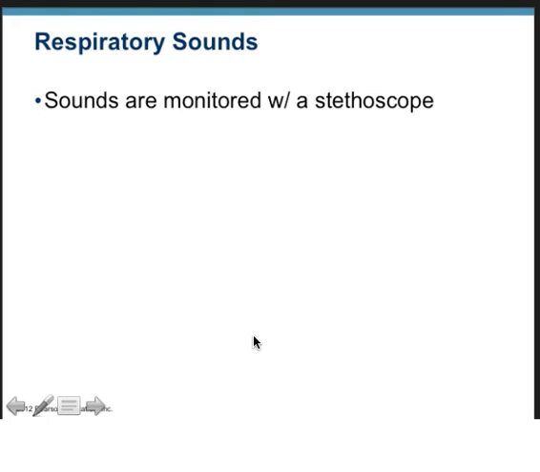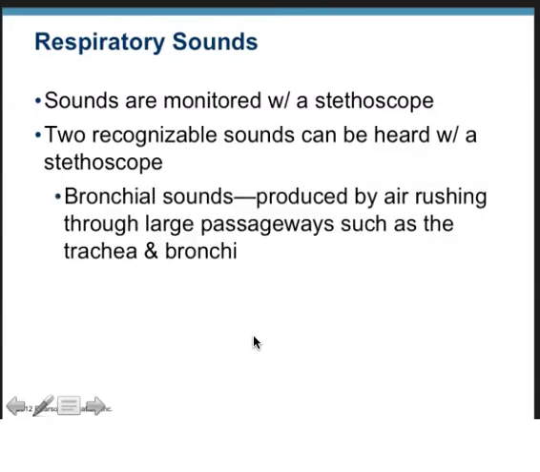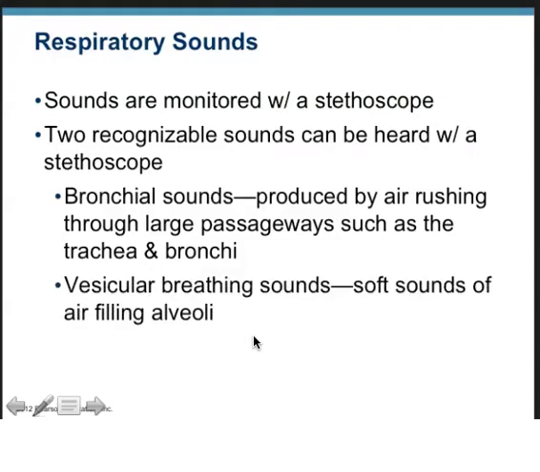Now, respiratory sounds are monitored with a stethoscope, and there's two recognizable sounds that you can hear: bronchial sounds, which are made by air rushing through large passageways like the trachea and the bronchi, and breathing sounds, which are the soft sounds of the air filling the alveoli. If you hear other sounds, such as wheezing or rales, that indicates some sort of buildup in the conducting division, which can impede the movement of air.